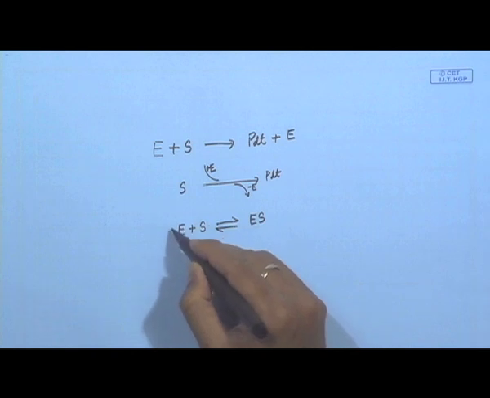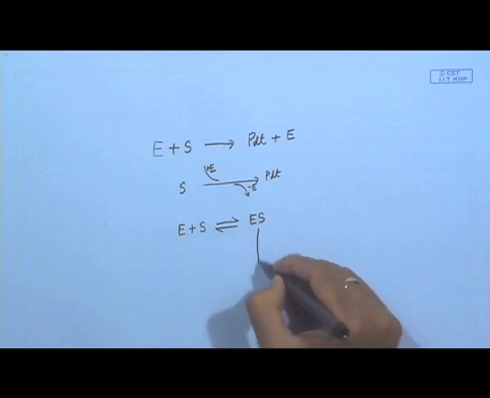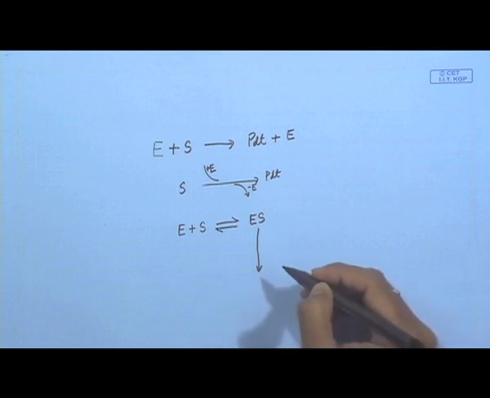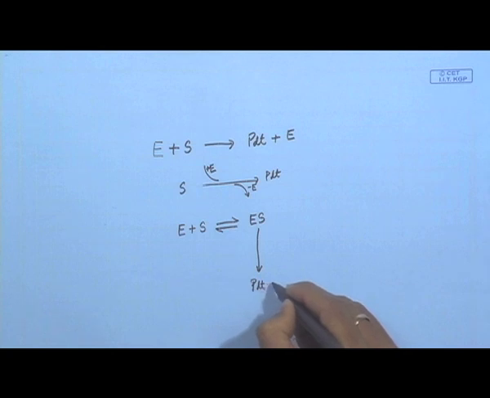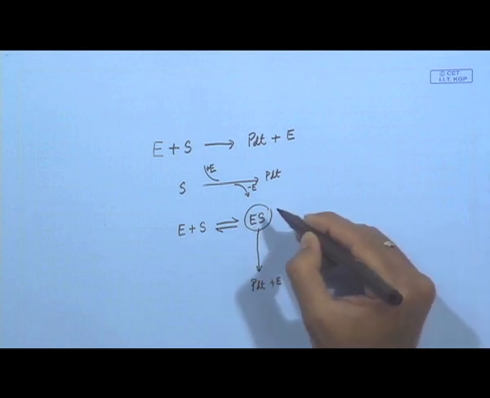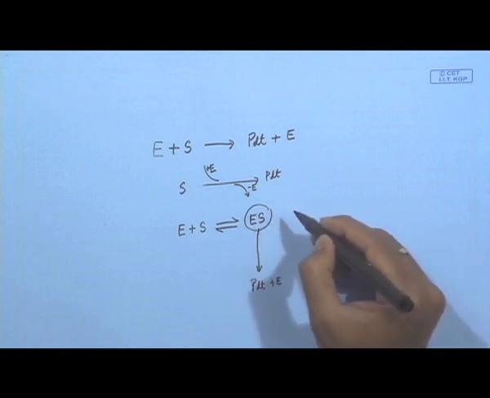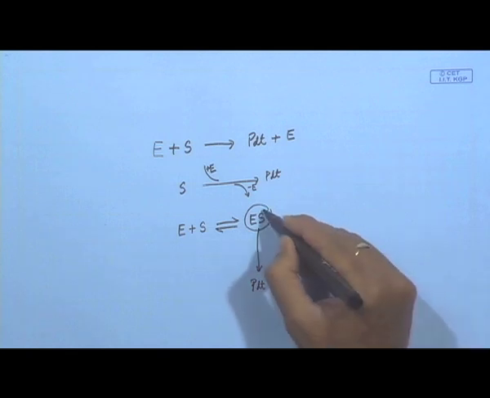So, this is your reactant side, this is your intermediate, and this enzyme substrate complex will further undergo reaction to give you product plus enzyme back. So, basically this is the intermediate, and we have to apply the steady state approximation to this.